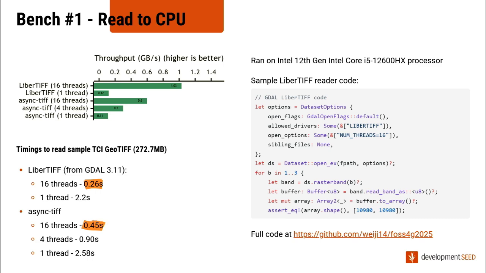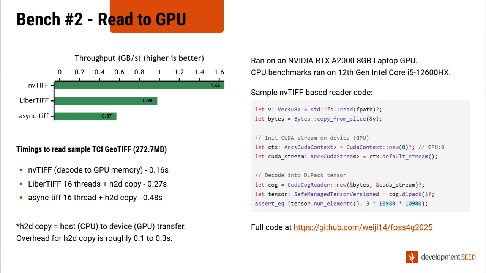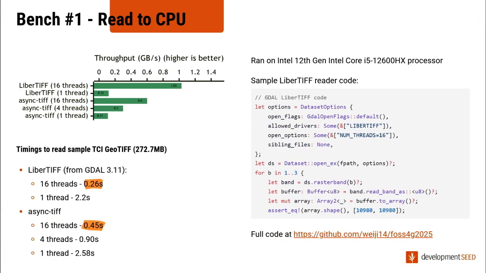That translates to about 0.26 seconds for reading that sample GeoTIFF I mentioned just now, and 0.45 seconds for async-tiff. I've also shown some single-threaded performance and 4 threads on async-tiff. I couldn't quite get 4 threads to work on LIBERTIFF. There's some bug where it's either 1 or 16, so I didn't manage to get that working. But I should file a bug report at some point.